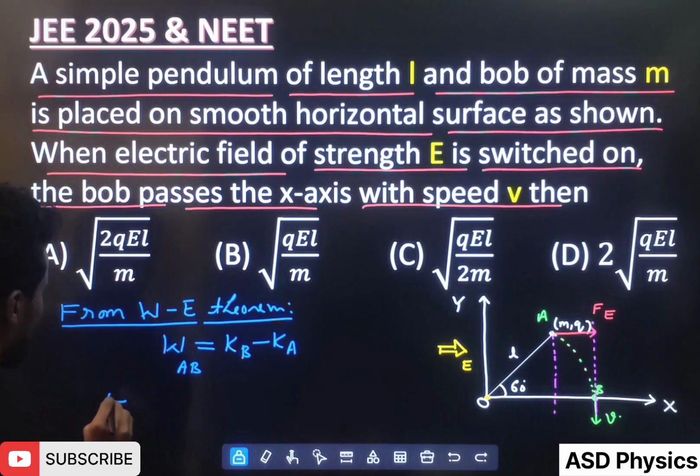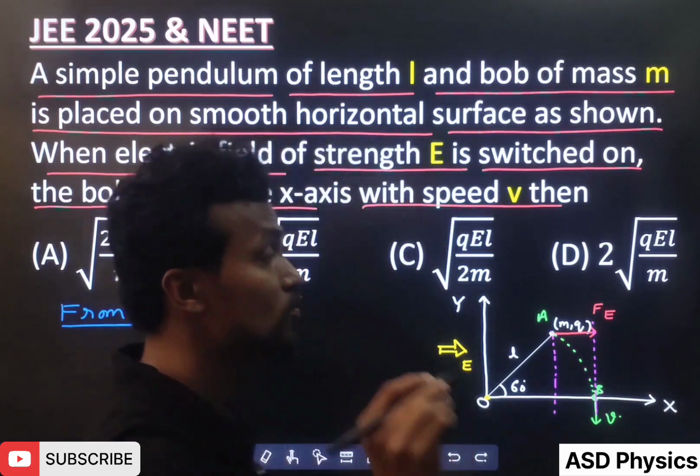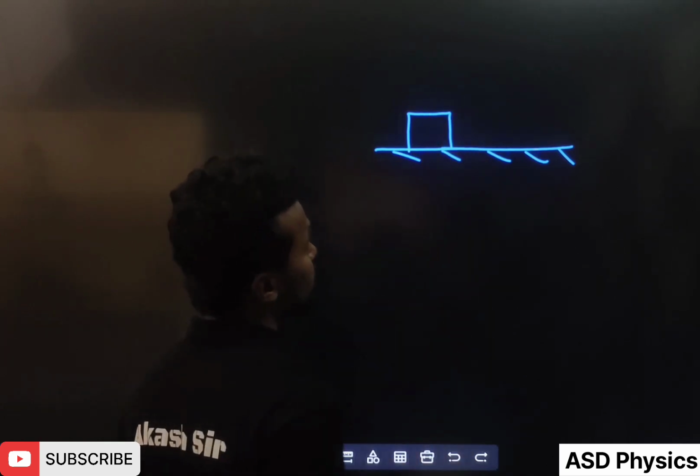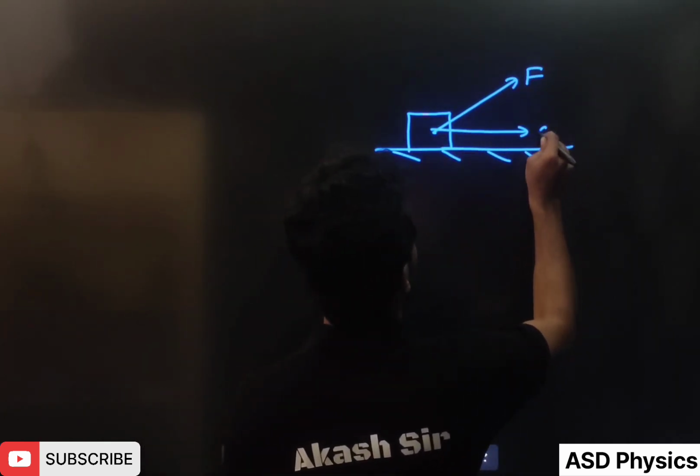Now students, you should understand a little bit of the basics of work. If I talk about work, let's take for example a surface and one block on it. We have applied a force in this direction and the block is sliding in this direction.